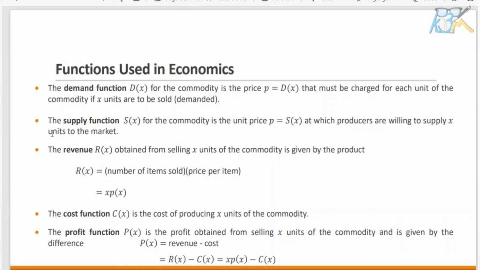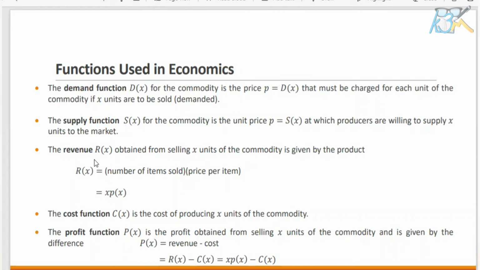The supply function S of x for the commodity is the unit price p equal to S of x at which producers are willing to supply x units to the market.